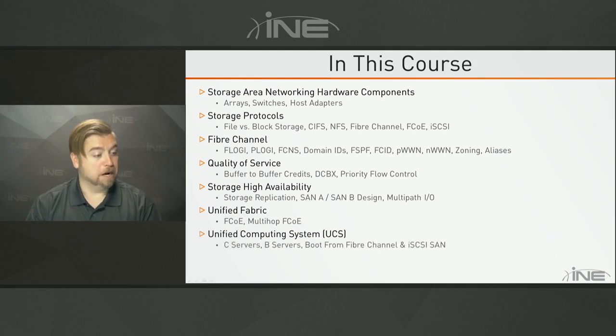And then finally we'll move into our next major section, which is the Unified Computing System, and talk about the details of how the UCS fits into the design, both for the standalone C-Series rack-mount servers and the B-Series blade chassis, and how we can talk to the Fibre Channel SAN, the FCoE SAN, and also iSCSI.